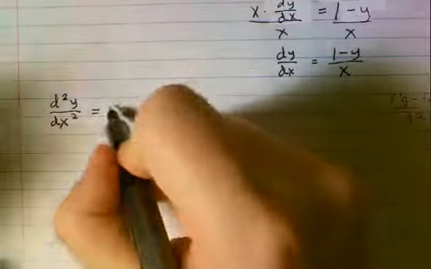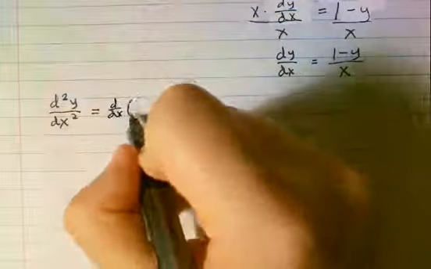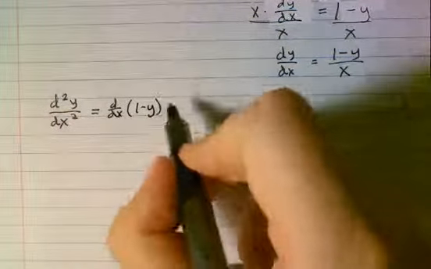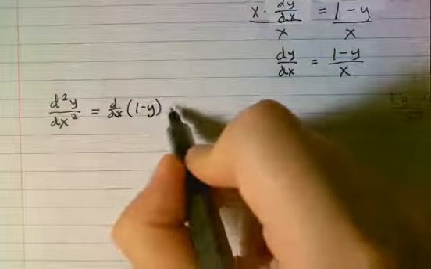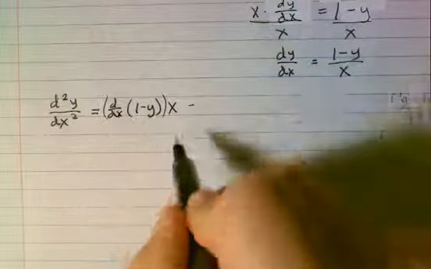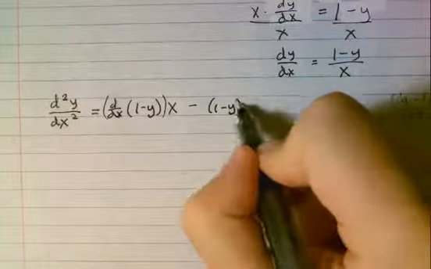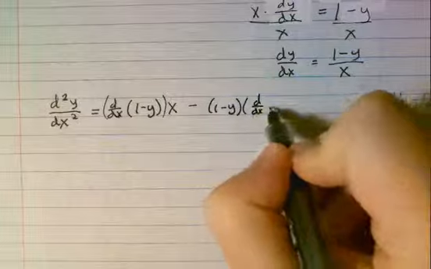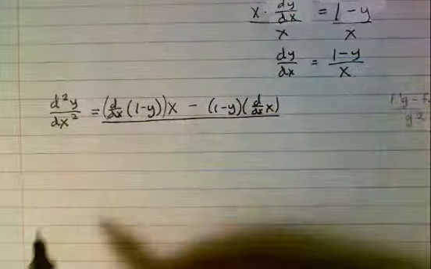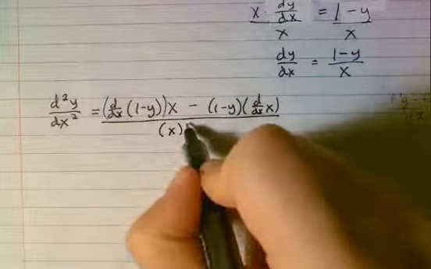So let's do the derivative of 1 minus y, and that's going to be multiplied times x, minus 1 minus y times the derivative of x, all over x squared.